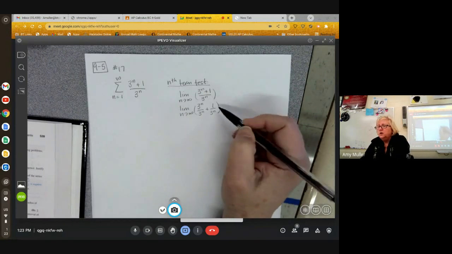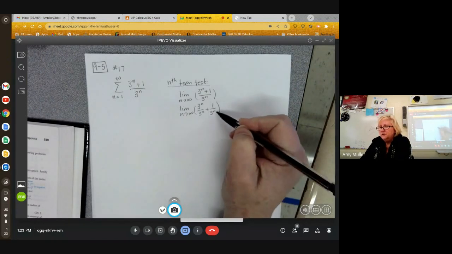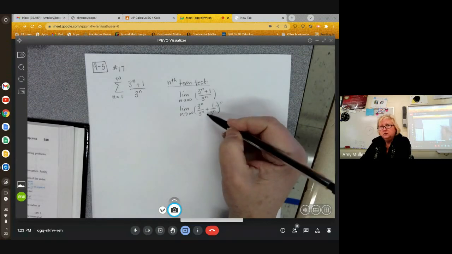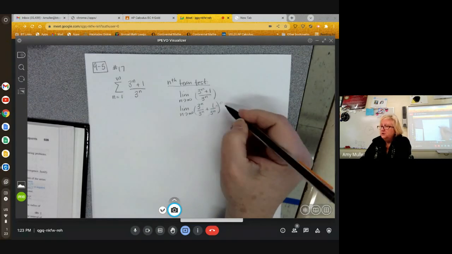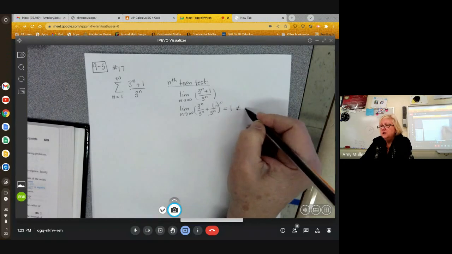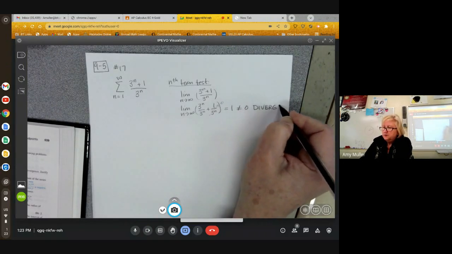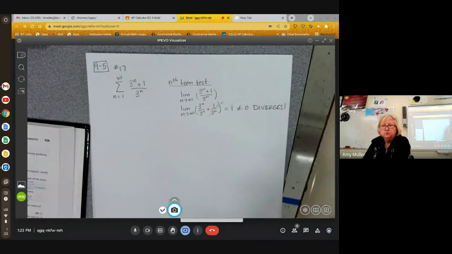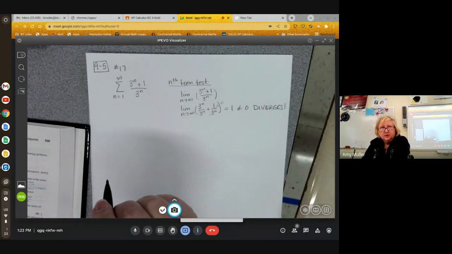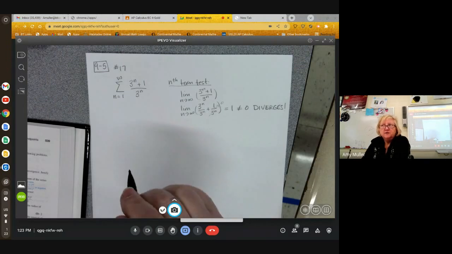And this one, 1 over 3 to the n, as n goes to infinity, goes to 0. What does this one go to? So this equals 1, which is different than 0, which means it diverges. Boom. So the nth term test for divergence is a really nice one if you sense the limit may be different than 0.